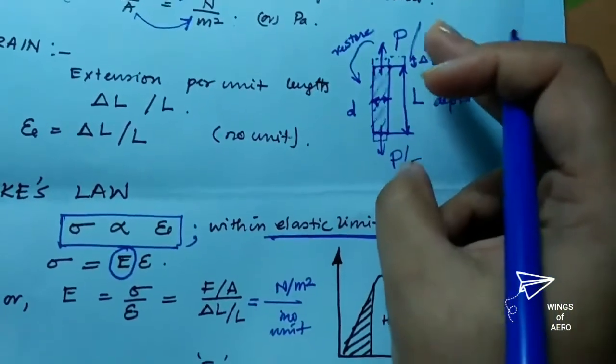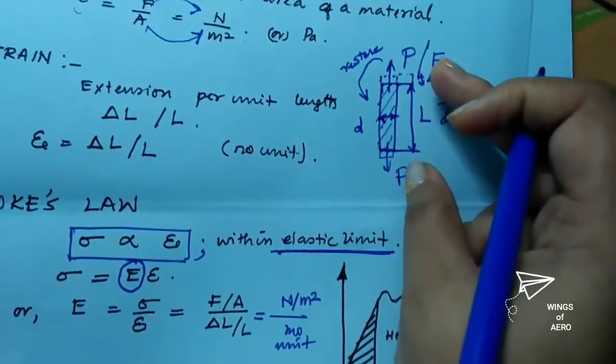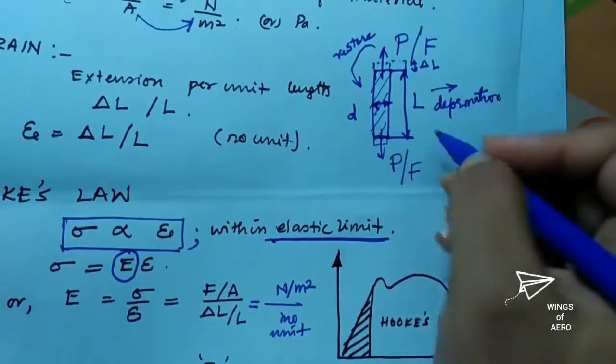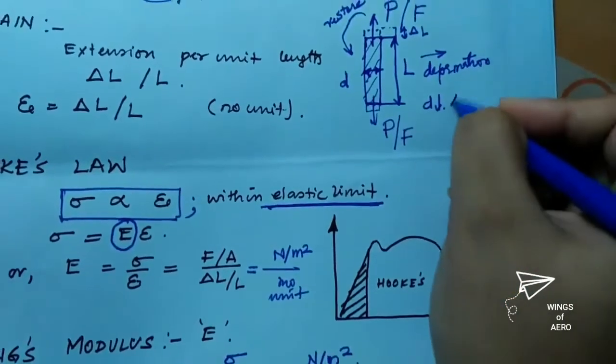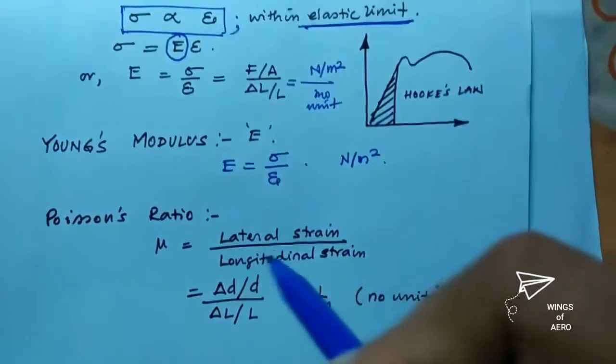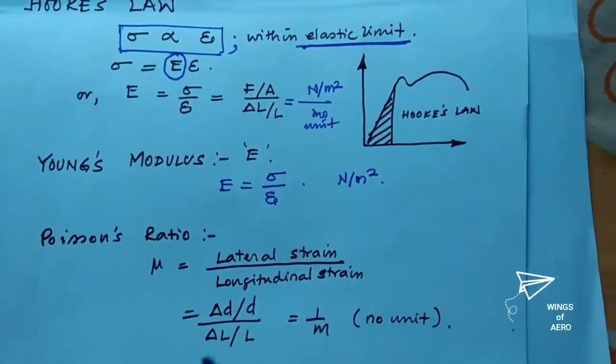When the load is applied, there is some elongation, and when there is elongation, the diameter gradually decreases. So the change in diameter when there is elongation is the lateral strain. So lateral strain by longitudinal strain.